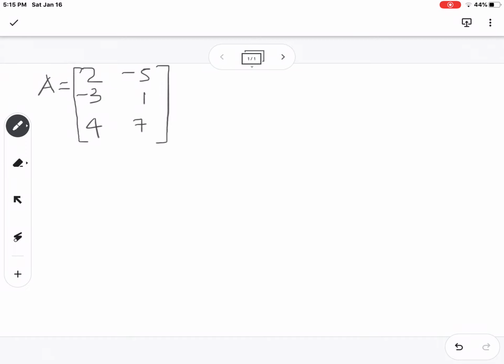So let us start with taking matrix A, which is a 3 by 2 matrix. When I say 3 by 2, it means 3 rows and 2 columns, multiplied by B, which is a 2 by 2 matrix.